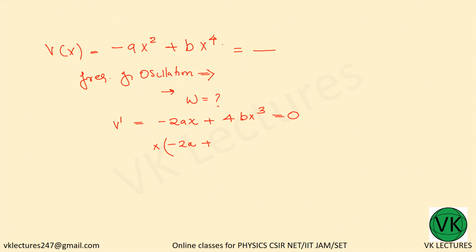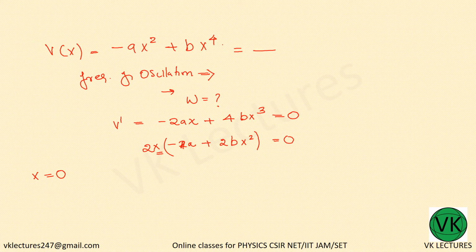You can take 2x outside, so 2x times minus a plus 2b x square equal to 0. One equilibrium point we already got, because something into something equal to 0 means if the inside is not 0, the outside should be 0. So one point I have got, it is 0.